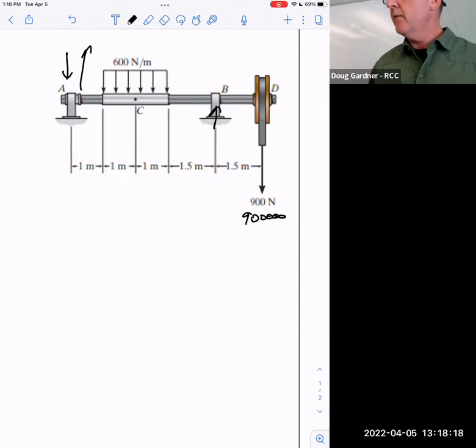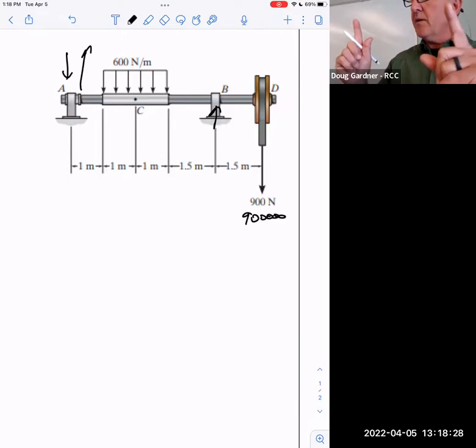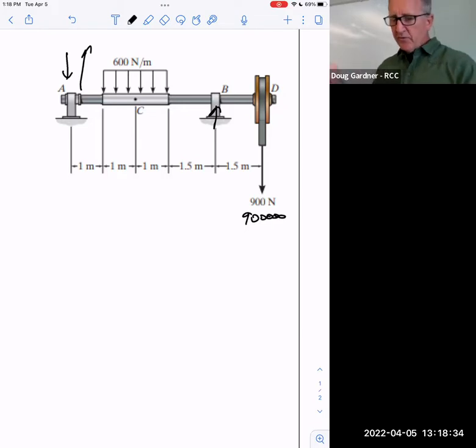Actually, you'd be holding it down. So it's not quite so obvious here. We're actually not sure. Our assumption would be, because there's 600 down and 900 down, that they're both working together to stop that. But if we end up with a negative number, it means that's not the case. And notice, because that force is outside the axle of this, that definitely could happen. You see what I'm saying there?